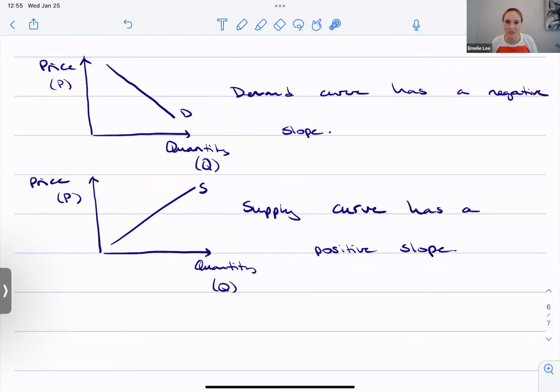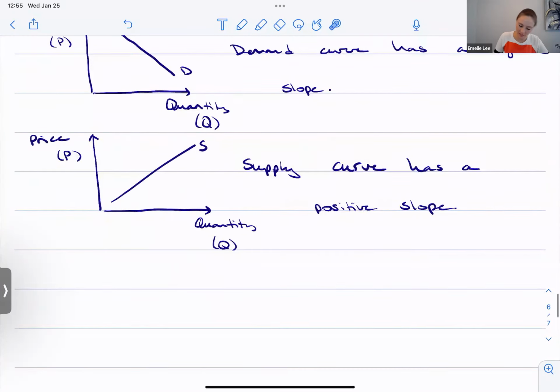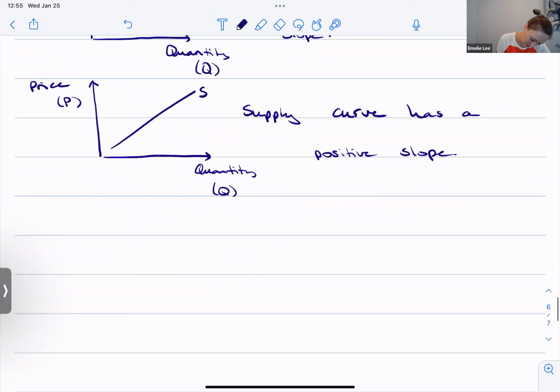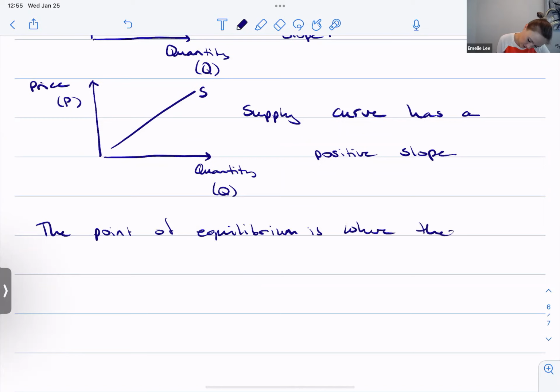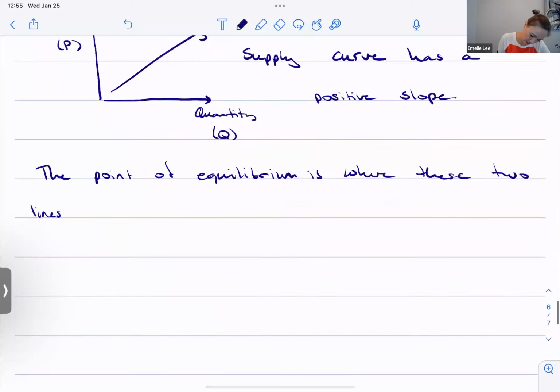Now, the point of equilibrium, right, is where these two lines intersect. The point of equilibrium is where these two lines intersect.